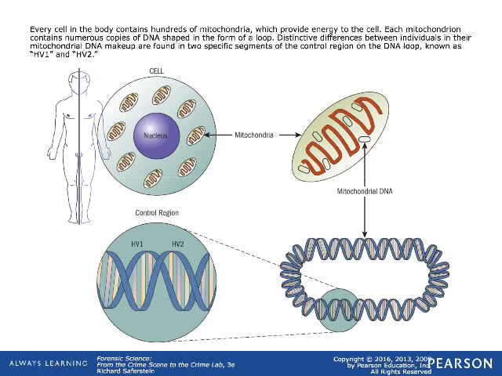There are 2 regions in mitochondrial DNA that they target because they're very different. They're called HV1 and HV2, hypervariable region 1 and region 2. They look at those places because they can tell differences between families.